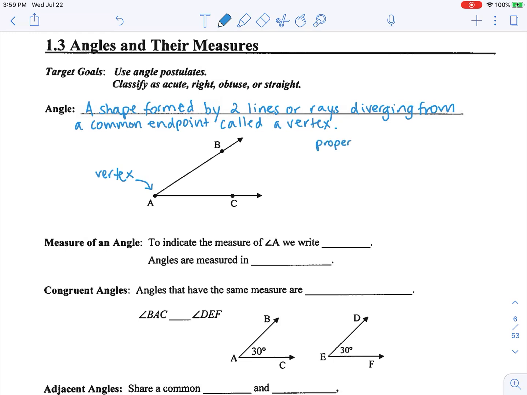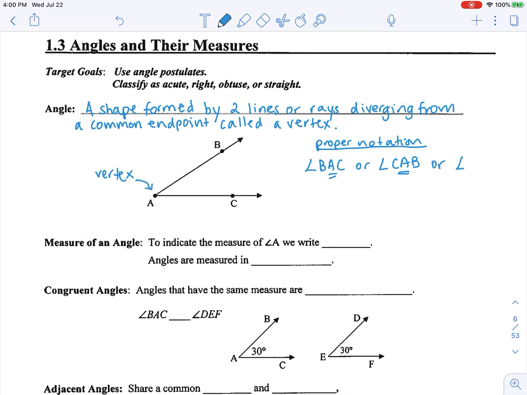Proper notation for an angle would be using an angle symbol, and we can list the three letters that make up the angle with the vertex in the middle. So angle BAC is one way to name that angle on the left, or angle CAB, where you also see that A is the vertex in the middle.